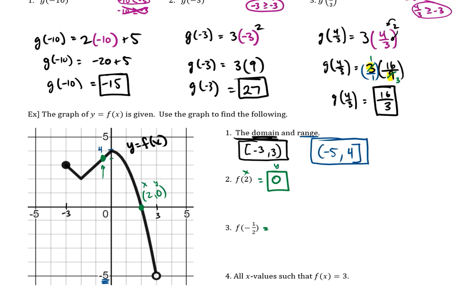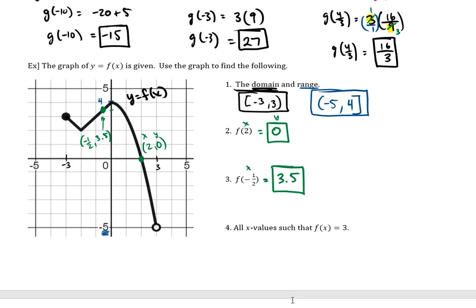Let me mark this point here at negative 1/2, and it looks like I'm up 1, 2, 3.5. You could use decimals too if you want. Let's go ahead and use a decimal, 3/2. So this is the x coordinate that we plugged in, and it looks like 3/2 is the y coordinate it gives us as the output.